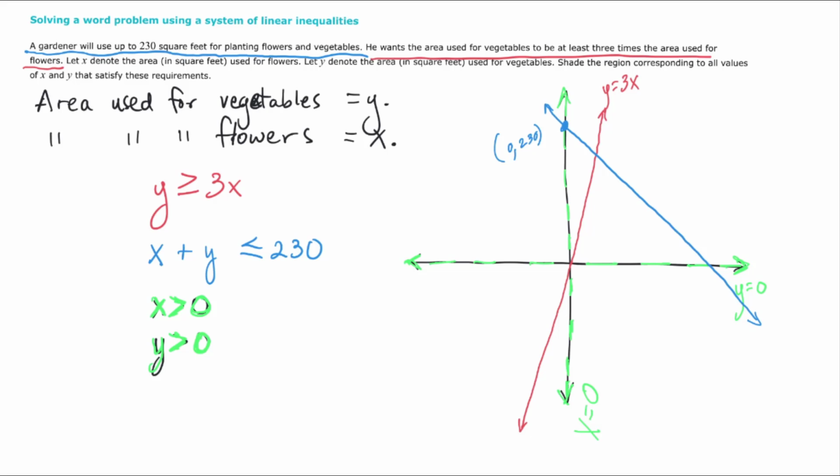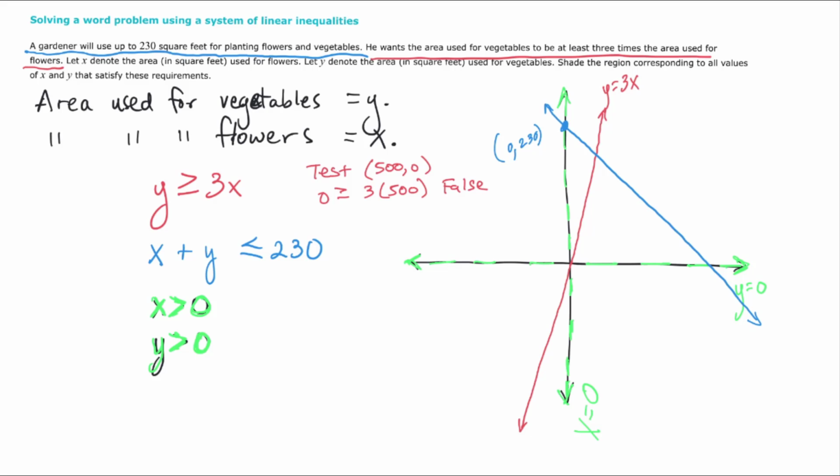Why don't we pick a test point here to make sure we know which way to shade. Do we shade to the left of the red line or to the right of the red line? So I'm going to test, let's say 500, 0. Let's see if this original inequality is true or false. That's false. So we're not going to shade 500, 0.